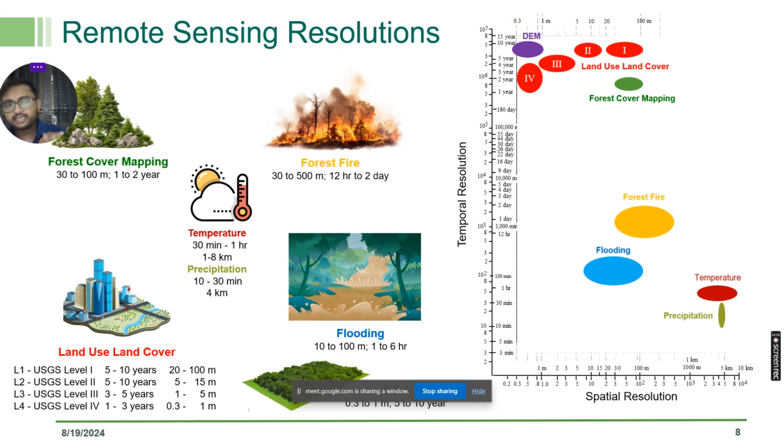For that I have to increase the spectral resolution. Spectral means using the different spectral characteristics, how they will reflect under the electromagnetic spectrum, so how many bands you are considering. So is it clear now, all the four resolutions and their applications, for which kind of application we can use which resolution?